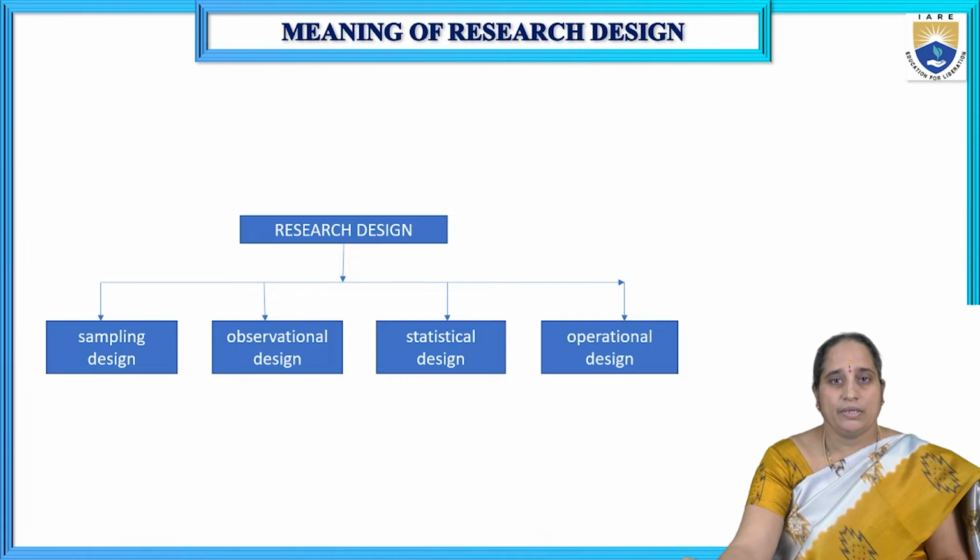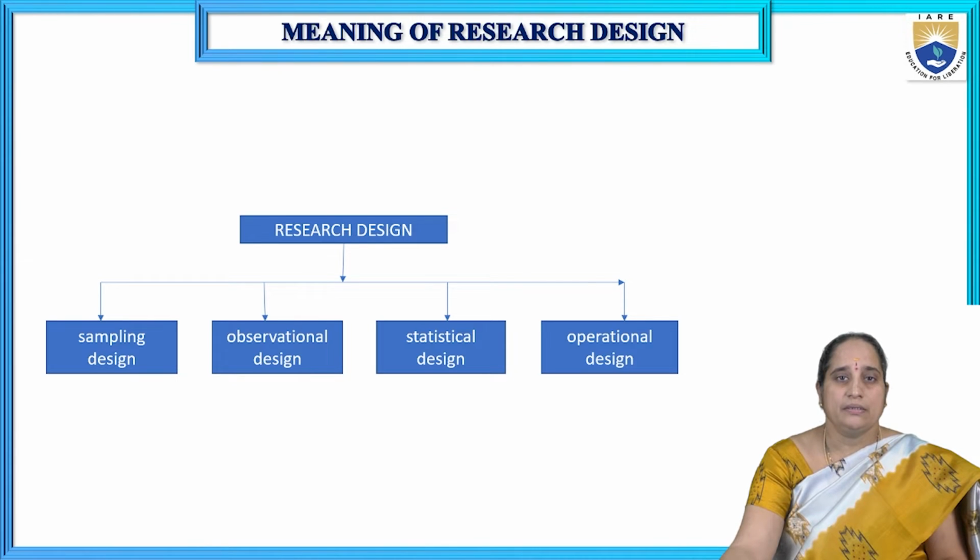Second, we can design the observations. How do you want to observe, whether you want to be part of the group or isolate yourself from the group? Somehow we need to observe the things, and that should be analyzed using various observational techniques, which we decide with the help of research design.